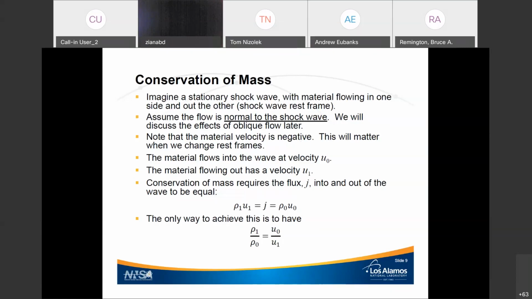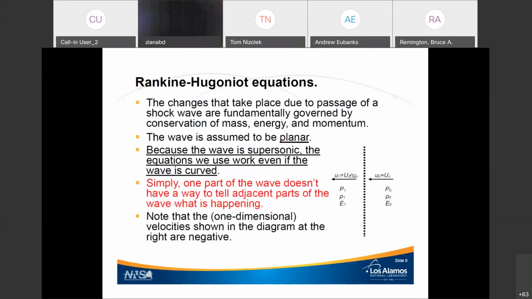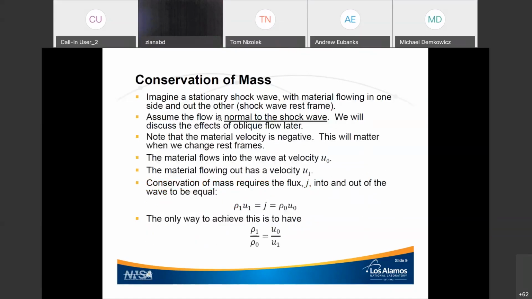That means that it is flowing to the left in our diagram here. Stuff going to the right is positive. The shock wave in the reference frame of the material that hasn't been shocked yet is going in a positive direction, so it has a positive velocity. But it is a velocity, so the material flows into the wave at some velocity u0, and it flows out at some velocity u1.